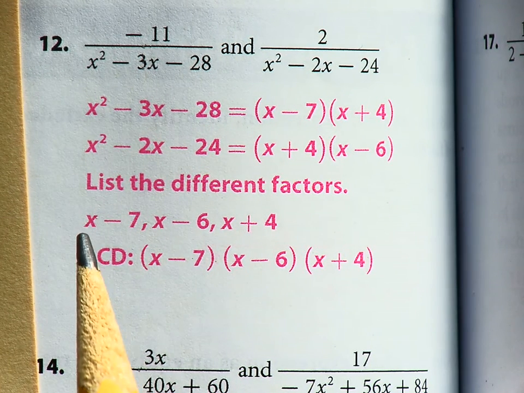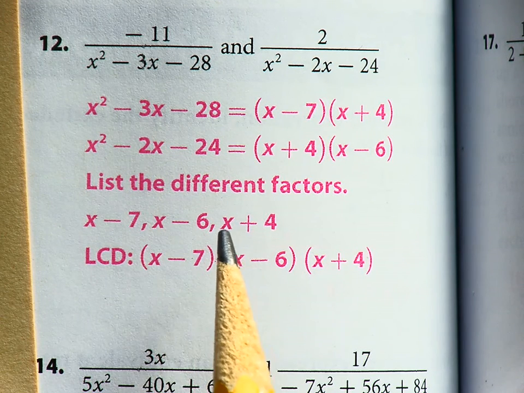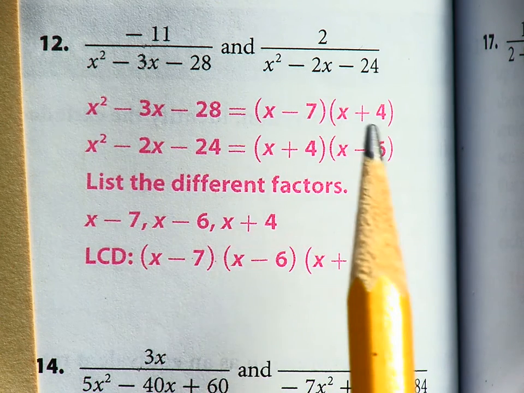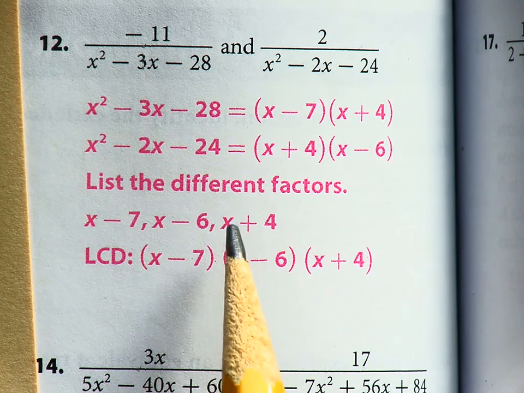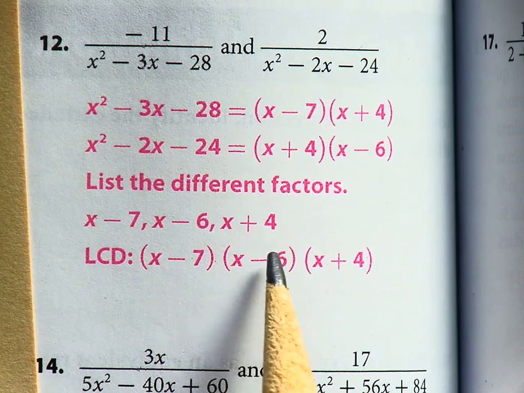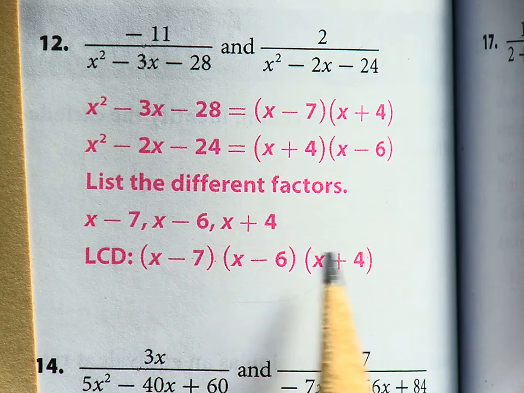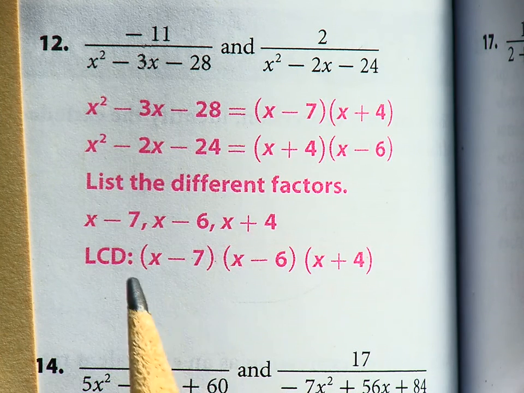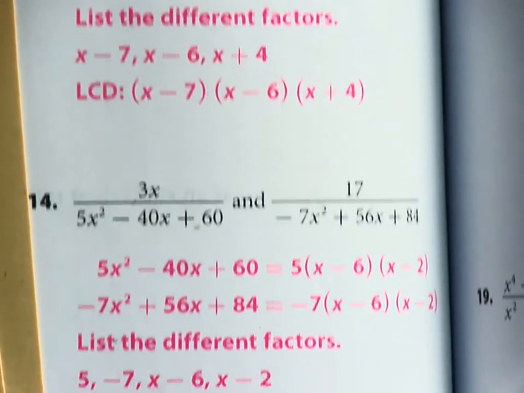So the different factors are x minus 7, x minus 6, and then the highest exponent, which is 1. On these, it doesn't matter, they have a common factor, it's okay. So this would be what you would multiply and should be your lowest common denominator to be able to combine like terms. Okay, number 14.